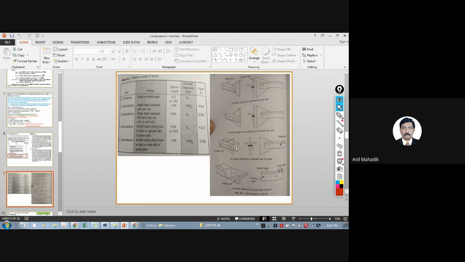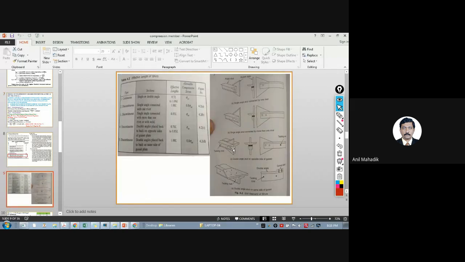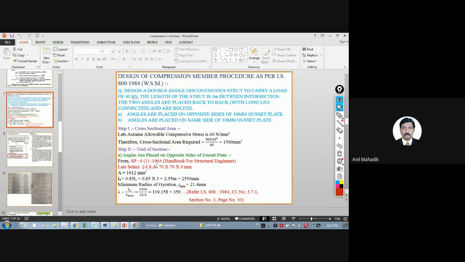So if this is the case and this long leg is, let's say this connected leg is long, our problem here you can say the two angles are placed back to back with long leg connected and are bolted. ये समझो long है ऐसे, and they are connected and bolted. So if this is the case and if it is carrying compression, so there are certain different clauses given here.